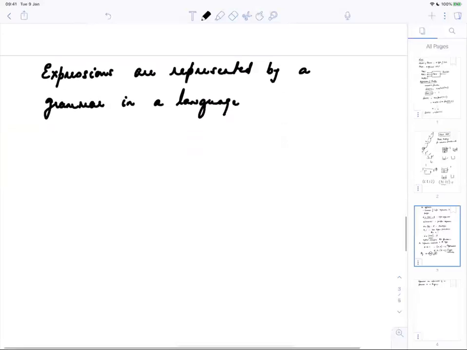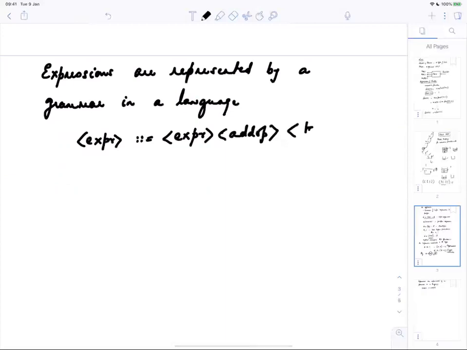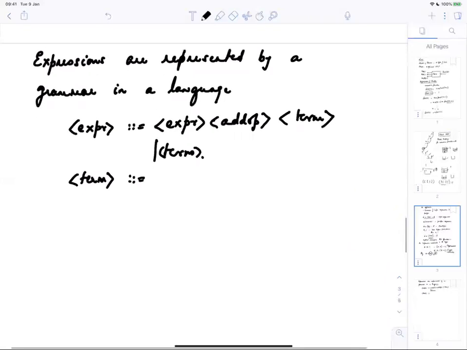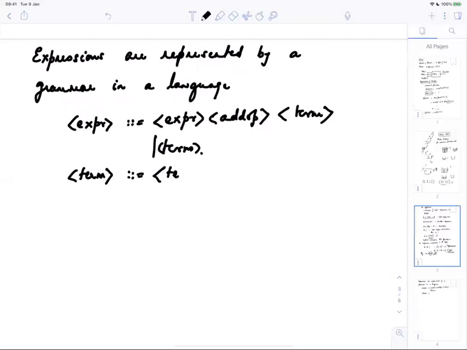And the way we write this is, say, expression is defined as, a recursive way of representing it, expression is add operator term, or a term by itself. And we talked about this in the context of proving correctness of programs when we were looking at the assignment statement, where the left-hand side is a variable and on the right-hand side you have an expression.